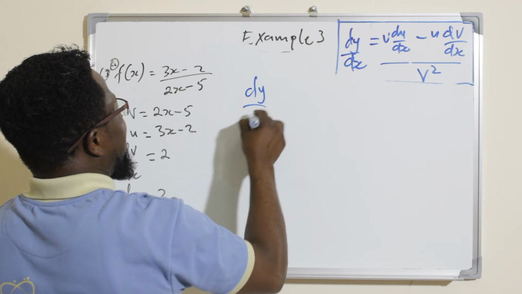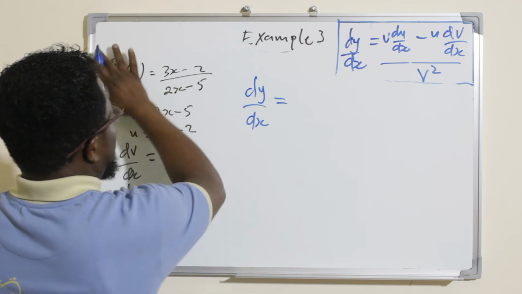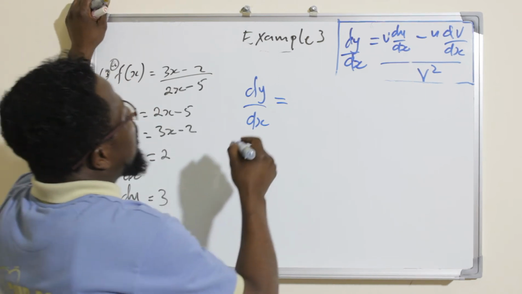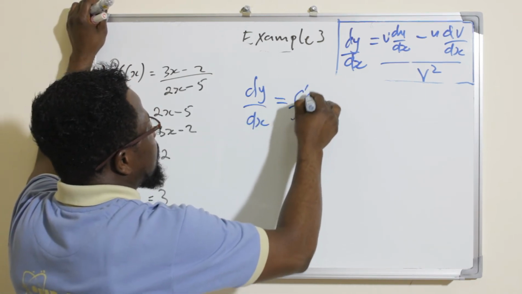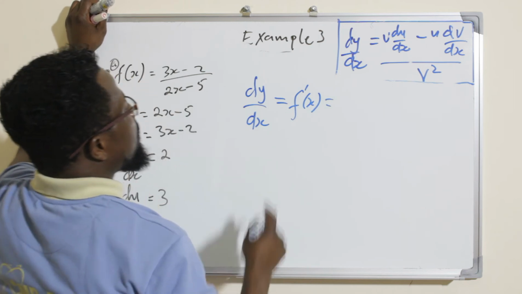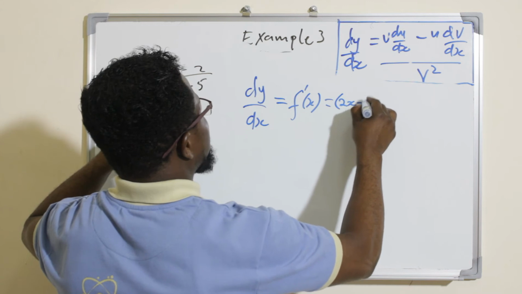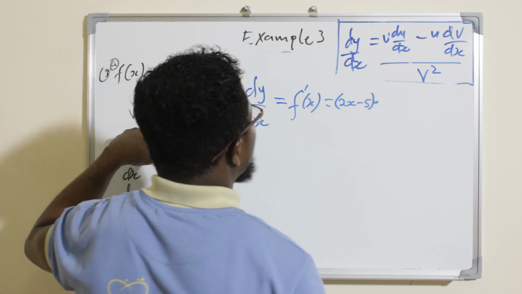So our dy dx here, or f prime of x, is now simply going to be v, which is 2x minus 5, multiplied by du dx.